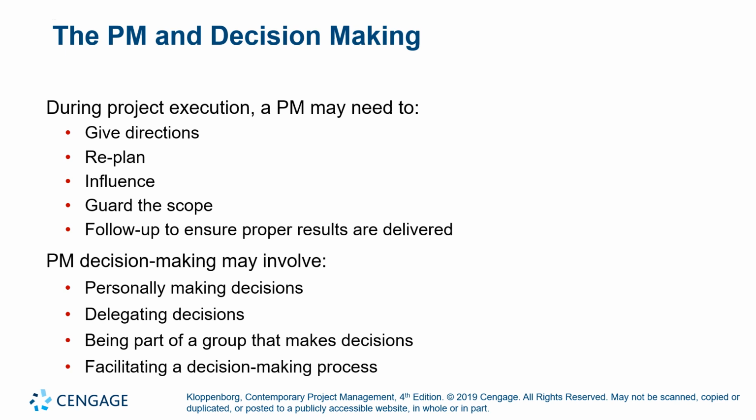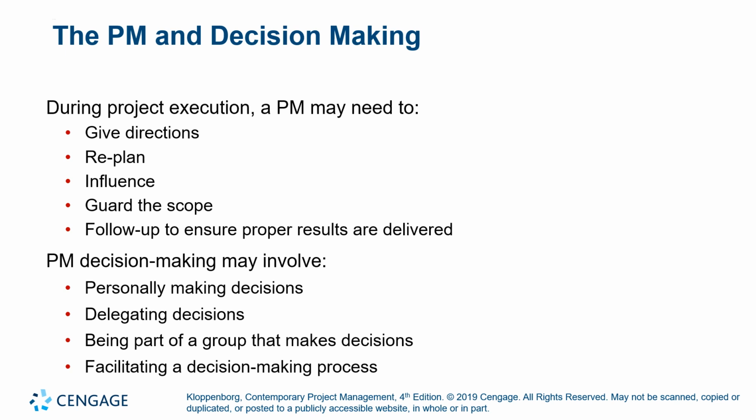During project execution, the PM may need to give directions, replan, influence, guard the scope, follow up, and ensure proper results are delivered. Those are standard operating principles that PMs will have to make decisions on.